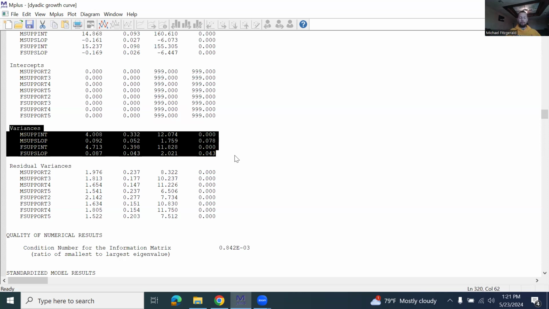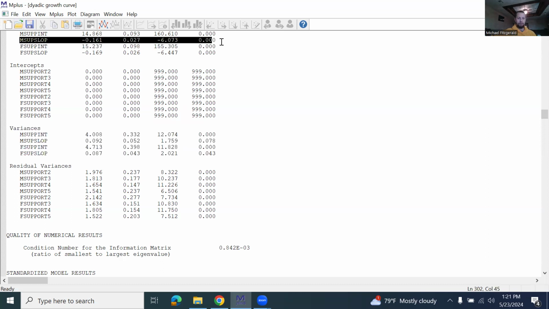And so in order for us to include age or relationship length or depressive symptoms as predictors of intercept and slope, we actually have to have a significant amount of variance. Otherwise, that means that slope line, this negative 161, is the same for every person in the study.